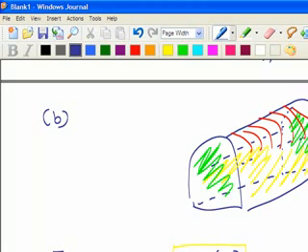Because it's the area of a semicircle, then this whole thing I have to multiply by 2 because I have two areas of the green color.